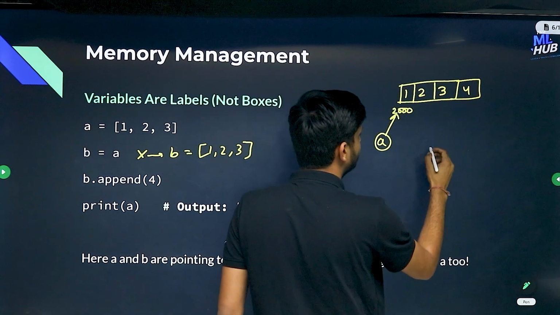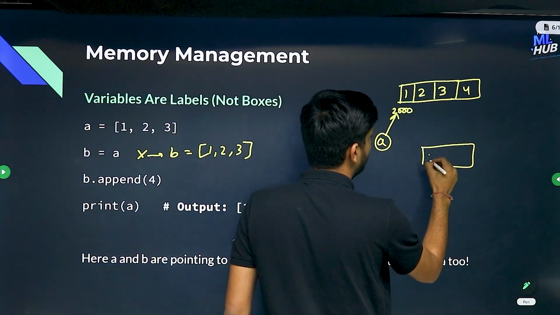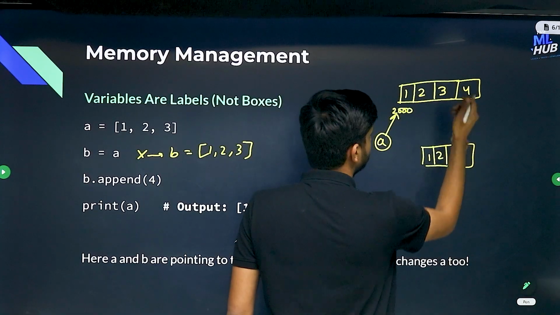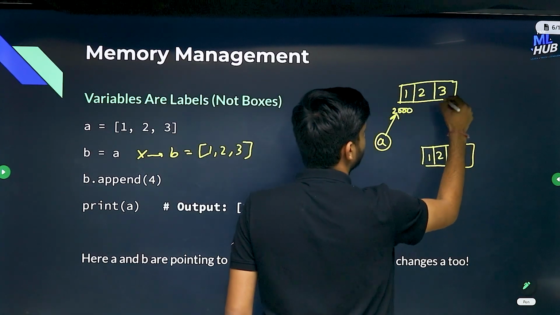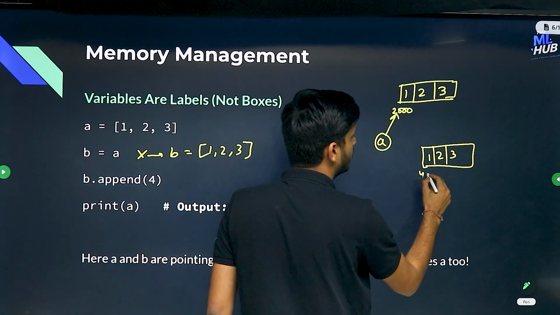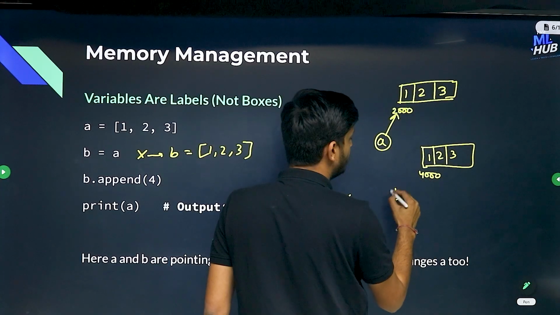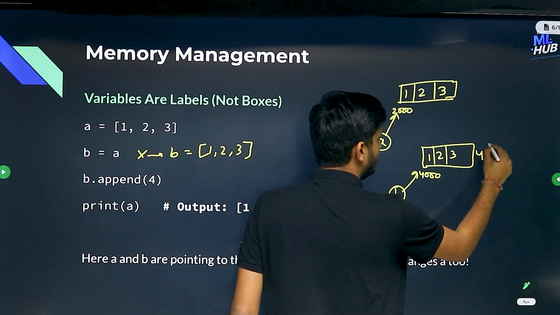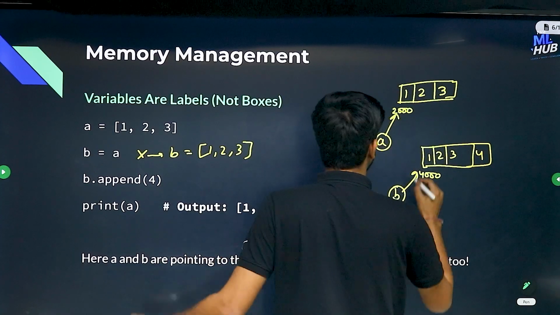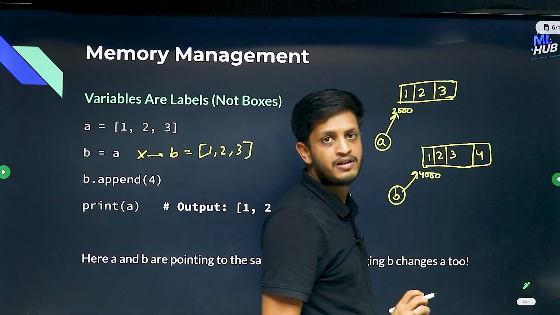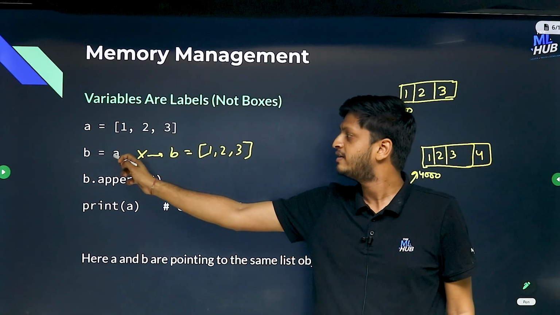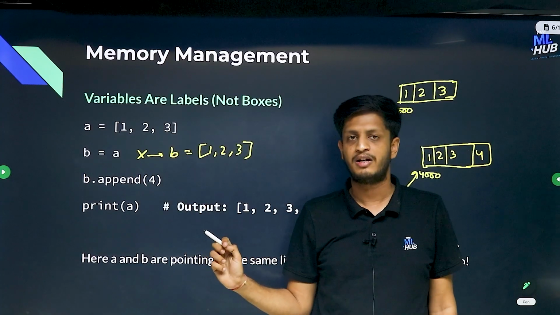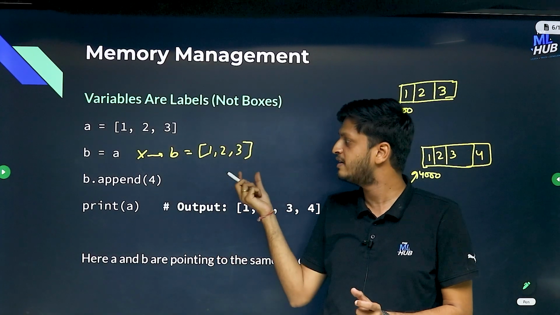After creating A, another list will be created with values 1, 2, 3. A is just containing 1, 2, 3, and let's say this is at memory location 4000. And B will be pointing to this list now. And when you say B dot append 4, 4 will be added here. And when you print A, now only 1, 2, 3 will be printed. But if you write B equal to A, then they will point to the same memory location. So if you want different lists, you have to create another list and assign that to B.